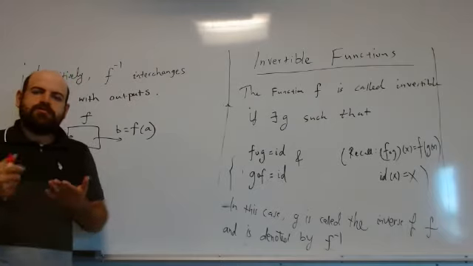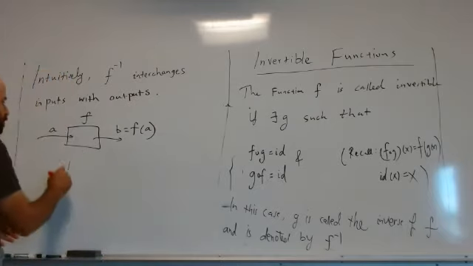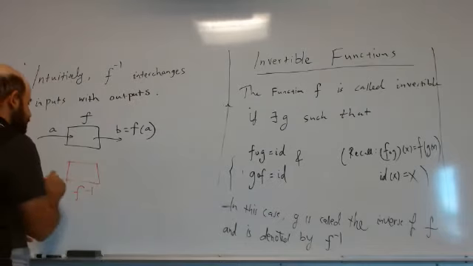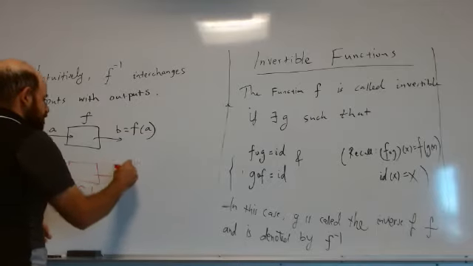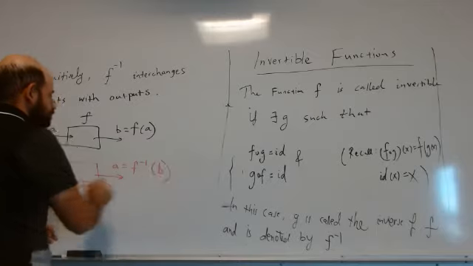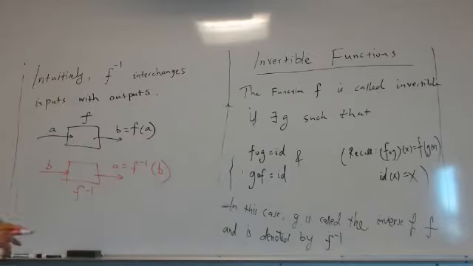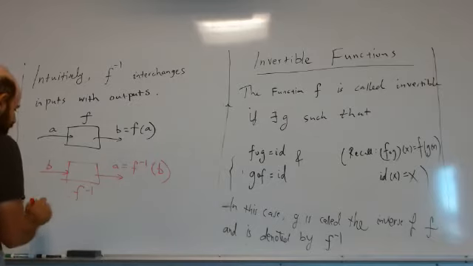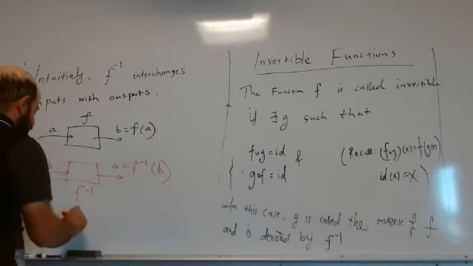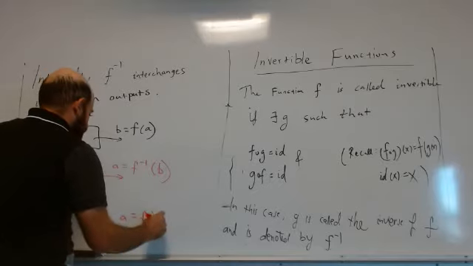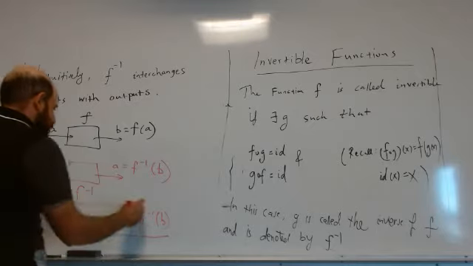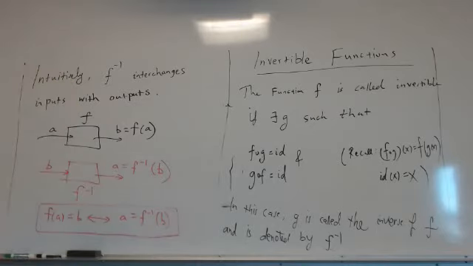Inputs become outputs, outputs become inputs. So in f inverse, B is the input and A is the output. So this is what we said: f of A is equal to B if and only if A is equal to f inverse of B. This is the important feature of inverse functions.